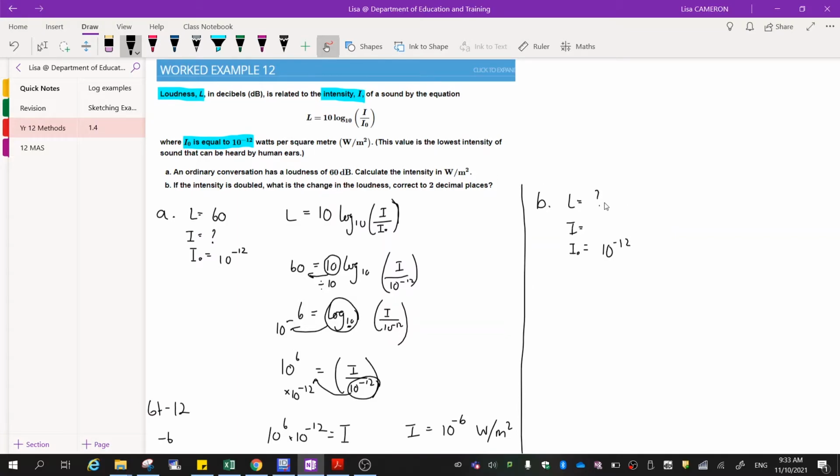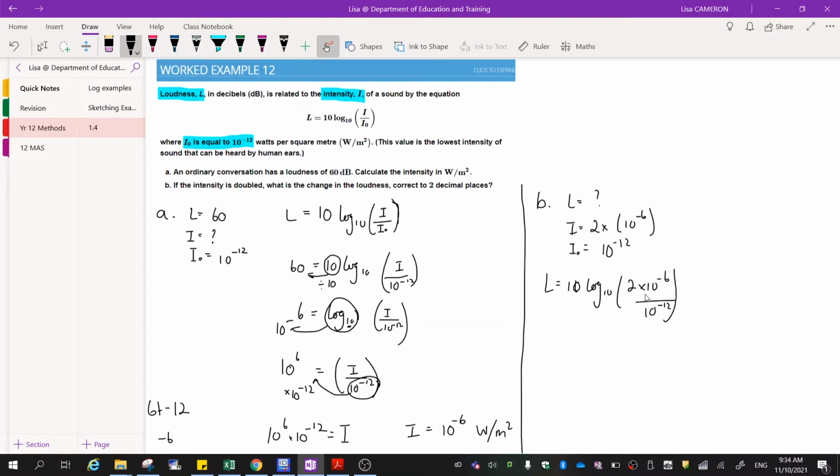So we want to know what happens to the loudness when I double the intensity. So over here we worked out that the intensity was 10 to the power of negative 6. So if I times that by 2, what happens to our other variables? L is equal to, now I'm not going to state the formula again, just because I think I'm going to run out of space, 10 log10 bracket 2 times 10 to the power of negative 6 all over 10 to the power of negative 12.